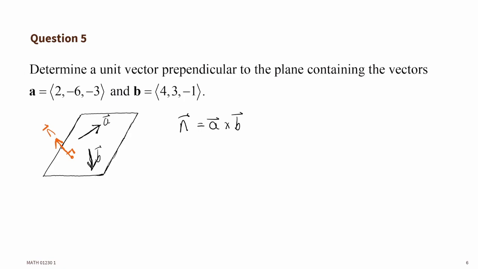So let's just call the perpendicular vector n. Does it matter if I do A cross B or B cross A to find n?